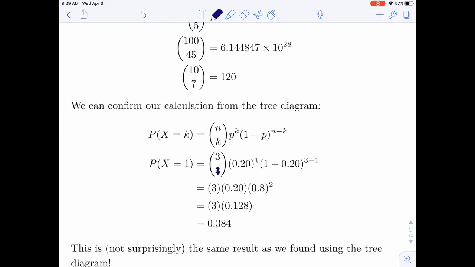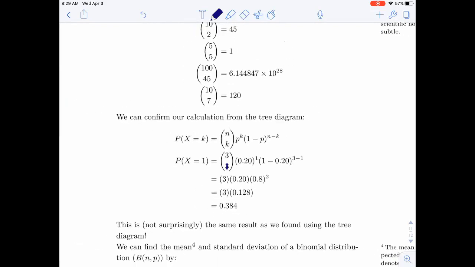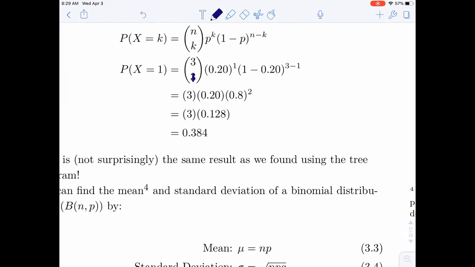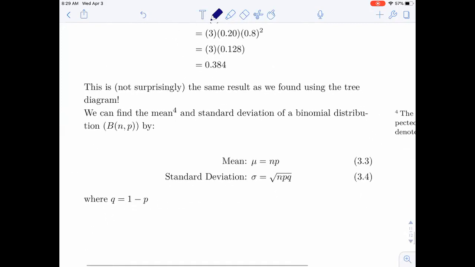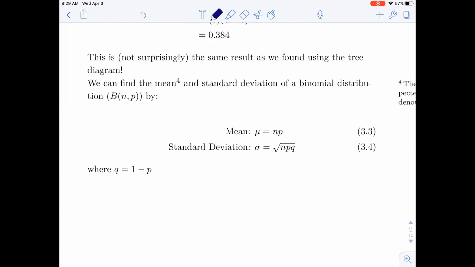Any questions so far? Okay. So what's kind of cool and very similar to proportions is that we can actually find the mean and the standard deviation of a binomial distribution as long as some assumptions are met.